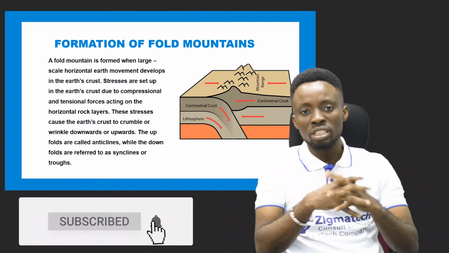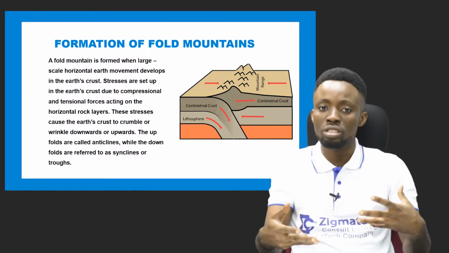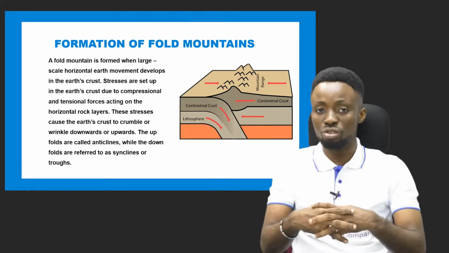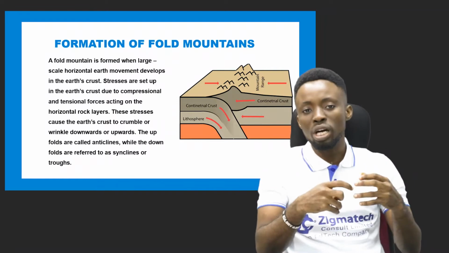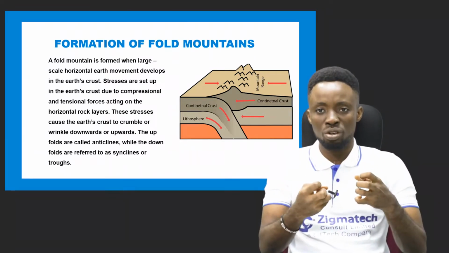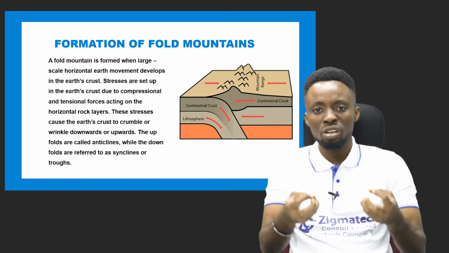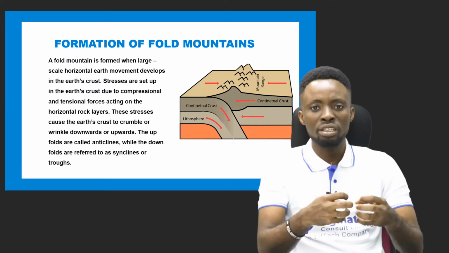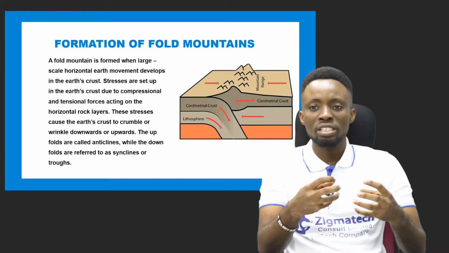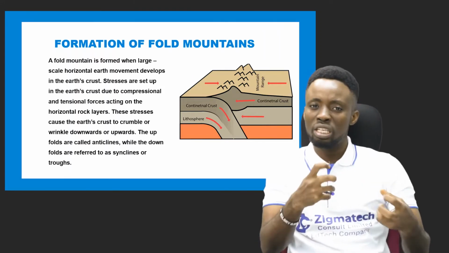So we look at how fold mountains are formed. Like I previously said, a fold mountain is actually caused as a result of horizontal forces going on within the earth crust or the lithosphere. It is formed when this horizontal movement develops in the earth crust. And when these movements occur, there is a build-up of stress in the earth crust.